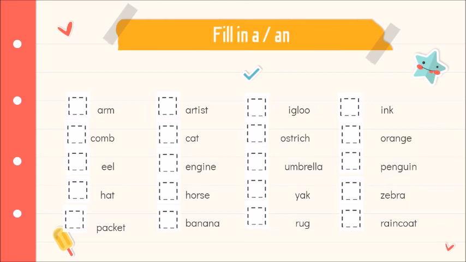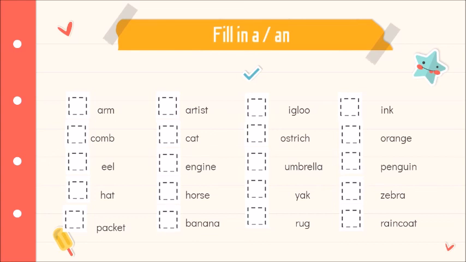A horse. A packet. A banana. An igloo. An ink. An ostrich. Same, an orange.